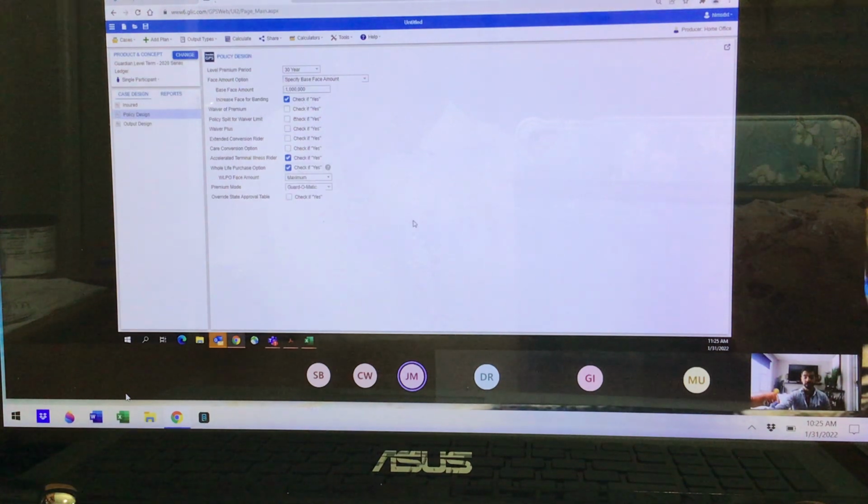Whole life purchase option, another nice option where we can just have certain option dates to purchase additional whole life without underwriting. So it's kind of like term conversion, but in this case, we're going to have specific amounts that we can purchase, and it's going to be in specific years in which we can make those purchase options.